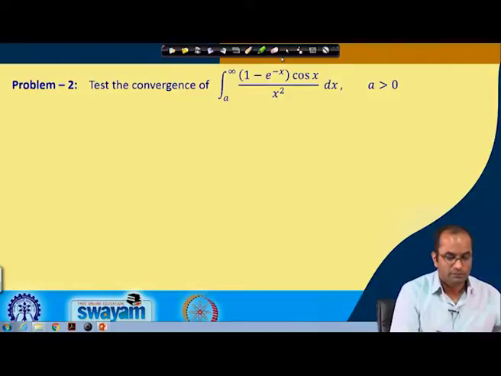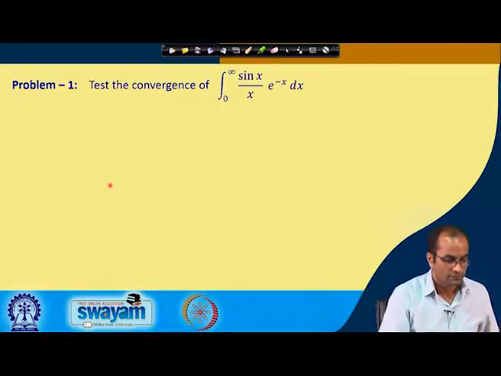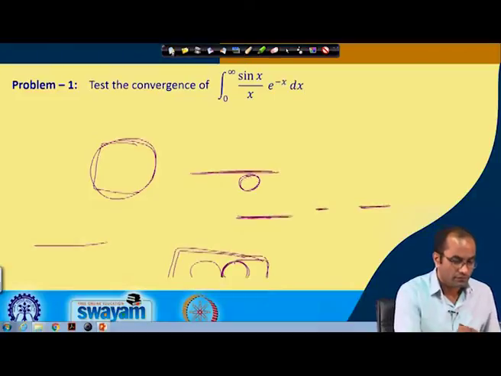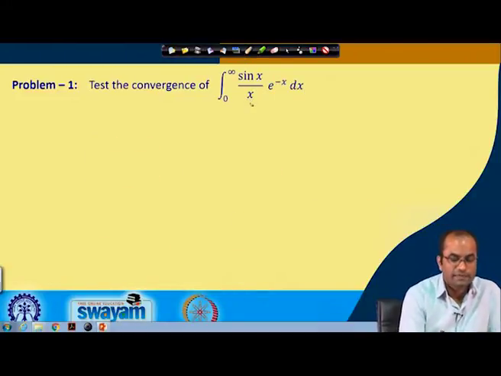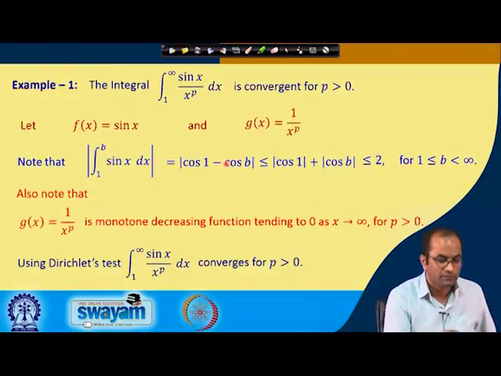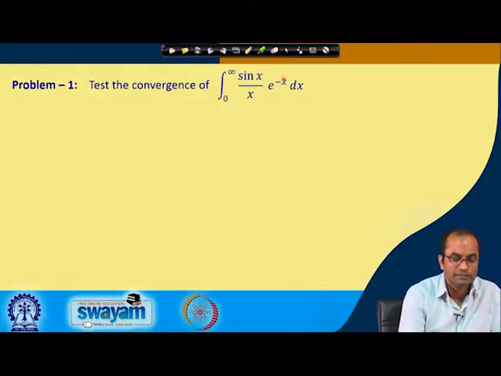So, this was the first problem, sin x over x^p from 1 to infinity, which we have already done before, and now we will do sin x over x multiplied by e to the power minus x.